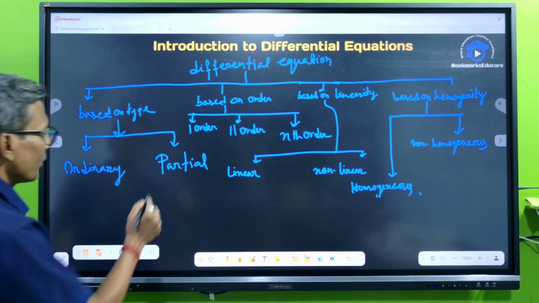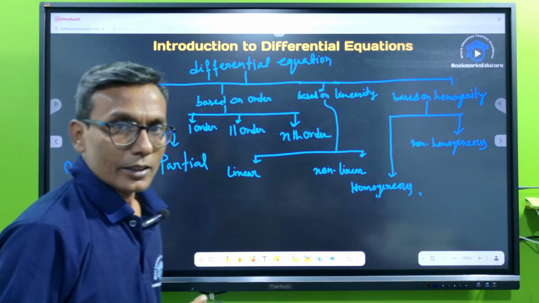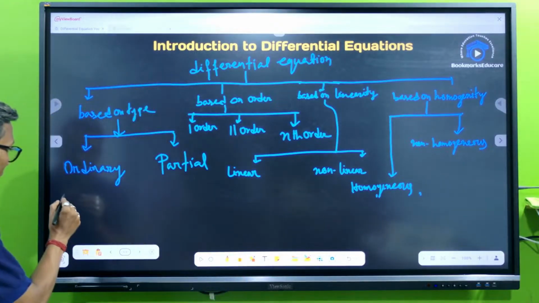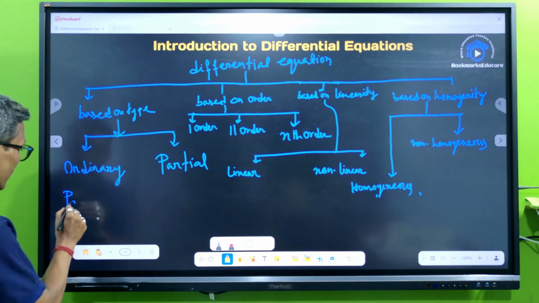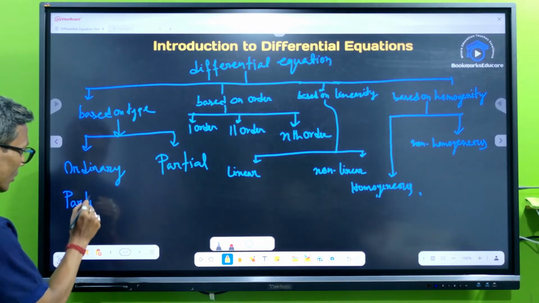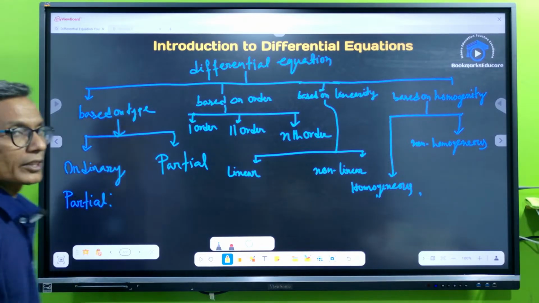Now partial differential equation. What is partial differential equation?